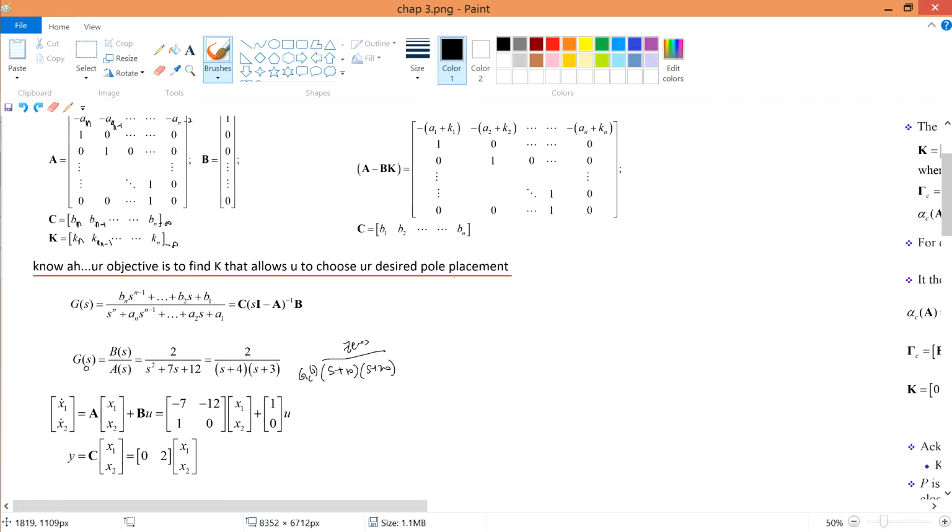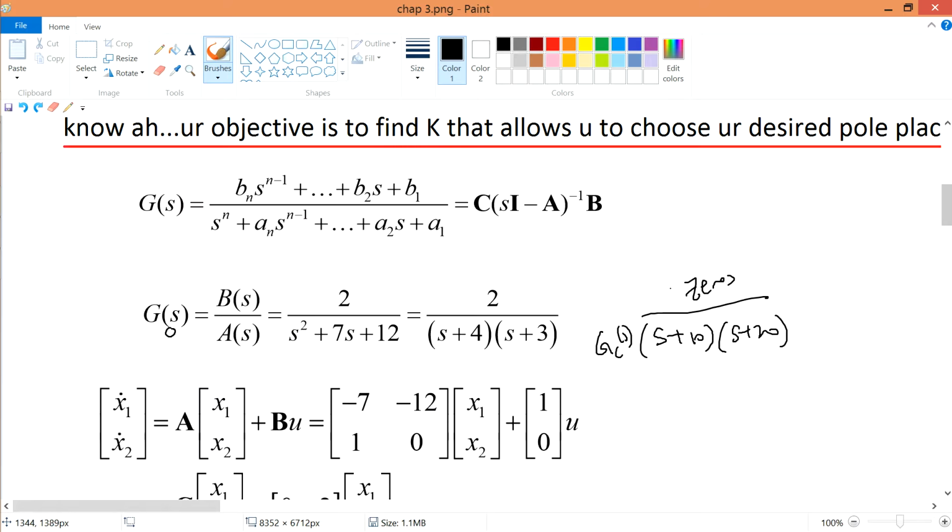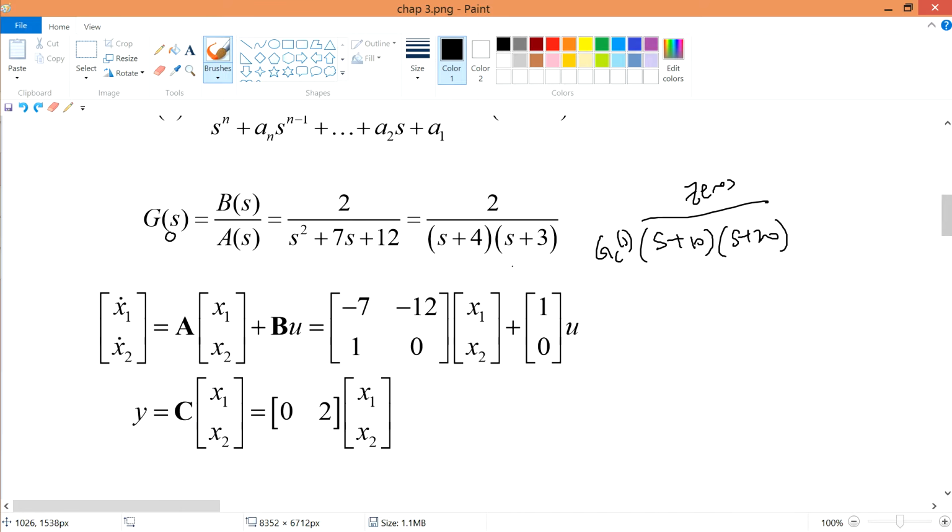If you still remember, our open loop system is Ax plus Bu. If you close the loop, you introduce a minus K over here. So this minus K will contain the information to shift the poles from s plus 4 times s plus 3 to s plus 10 times s plus 20.